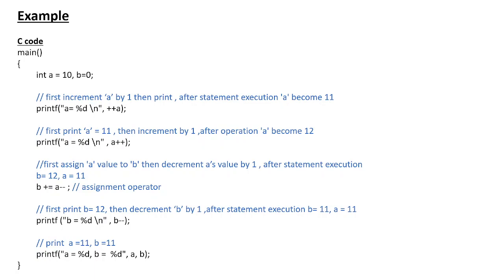Pre-increment means that first it will increment, then it will execute the statement. So first a will be incremented by 1, and after statement execution a will become 11. So it will print 10. No, sorry, it will print 11.